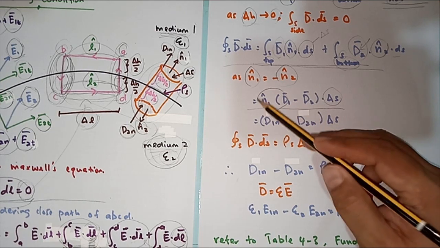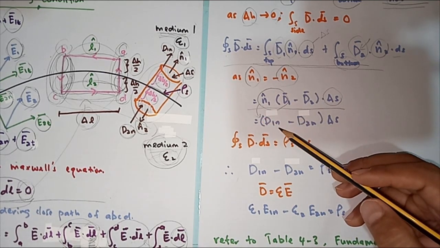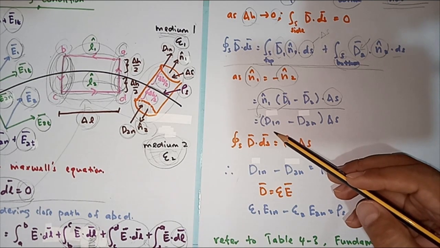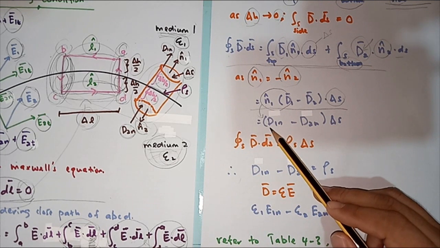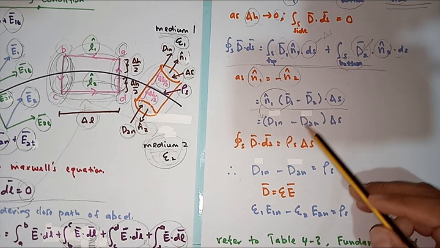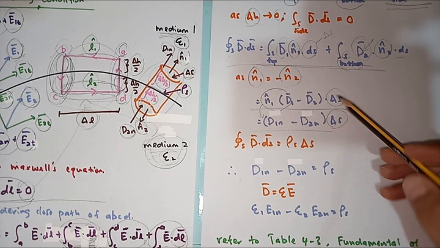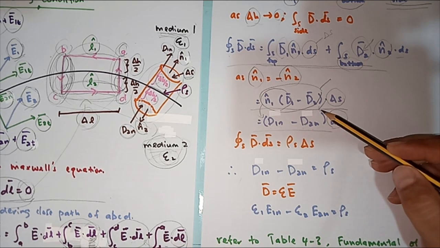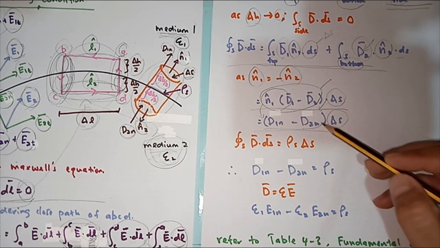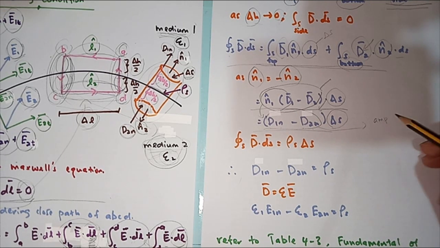So this expression will result in the normal component for the vector D. Therefore, we will have D1n minus D2n multiplied by delta S. In this case, because previously we were performing a dot product, the value that we have here represents the amplitude of the vector.